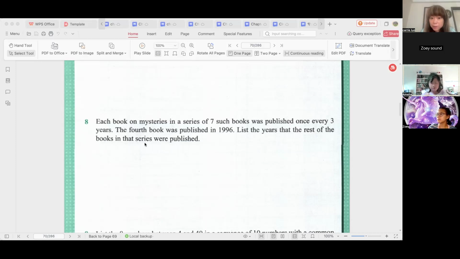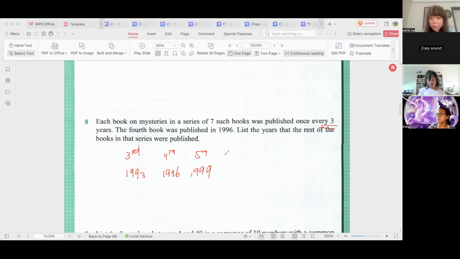Each book on the mysteries, in the series of 7 such books, is published once every 3 years. The fourth book is published in 1996, right? List the years that, so every 3 years, that means what? The third book will be published in 1993, right? Correct? And the fifth book is 1999, right?